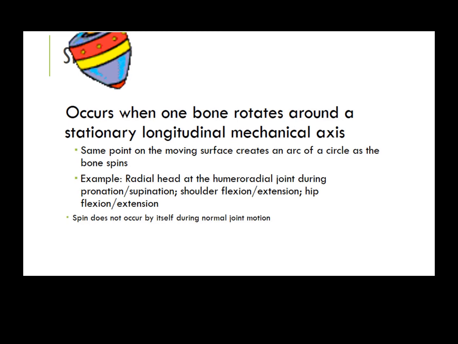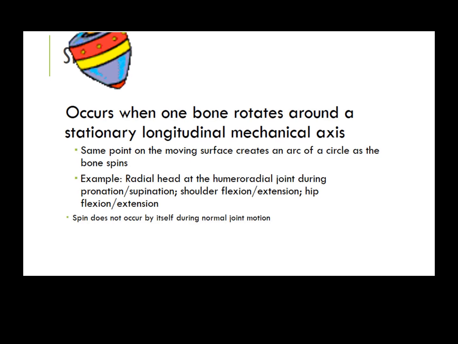However, it can spin on various points of the other surface over which it is spinning. The same point on the moving surface creates an arc of a circle as the bone spins. An example is the radial head of the humeroradial joint during pronation or supination.